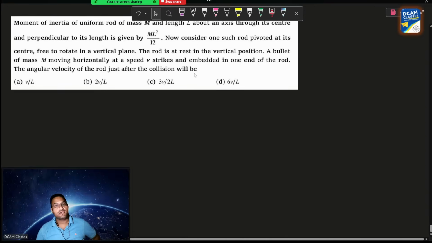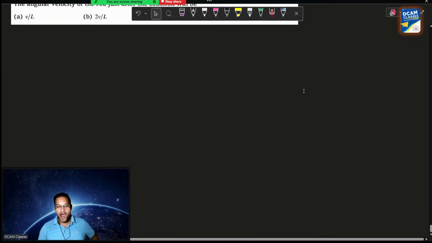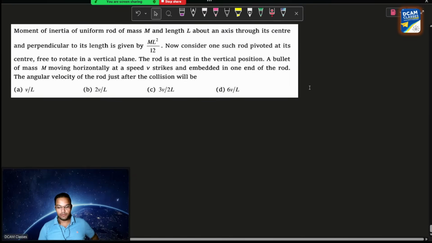Okay. Now try to solve this question. This is also not that difficult. It's easy only. After this, the question that will come is a little bit better quality question. That question will be based on rolling without slipping.